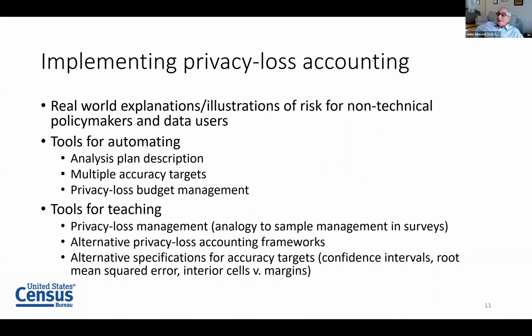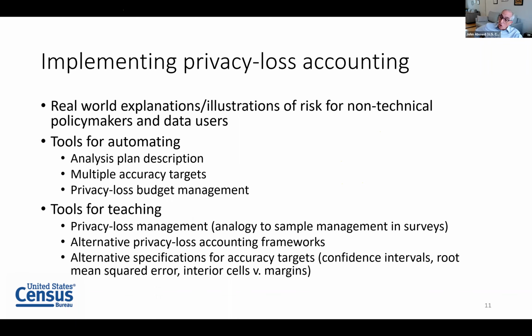On top of that, we need robust tools for implementing privacy loss accounting. What does a robust tool look like? Well, it looks like real-world explanations of the risk associated with moving that privacy loss budget around across different queries.